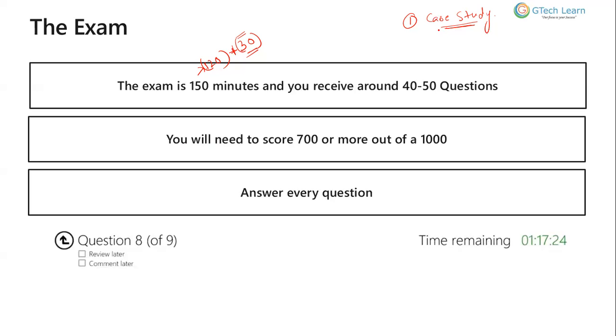Based on that specific case study we are going to see 7 to 8 questions. So that is the first category of questions which we are going to see in our SC-300 examination.